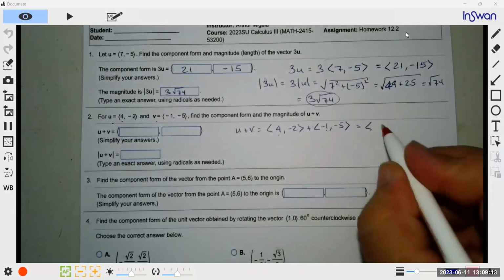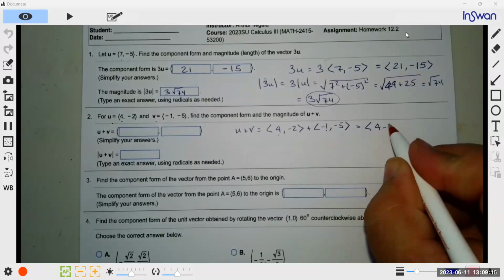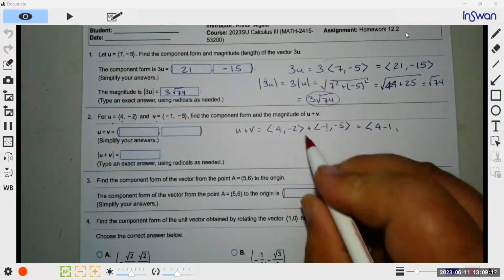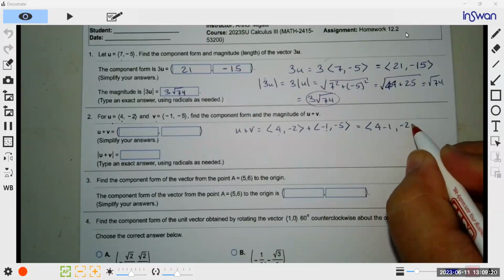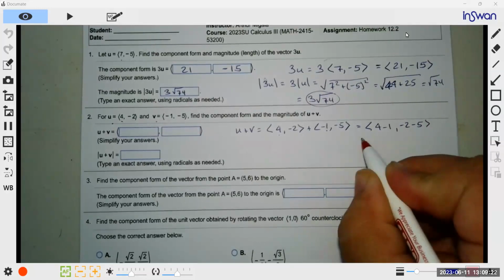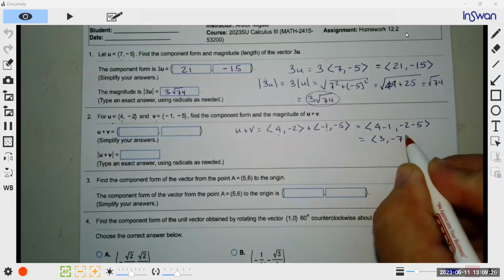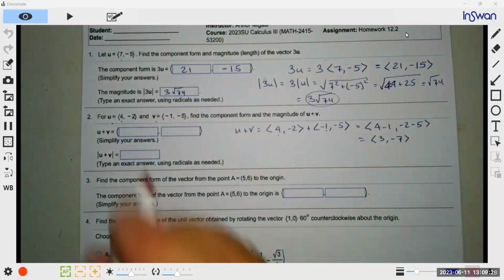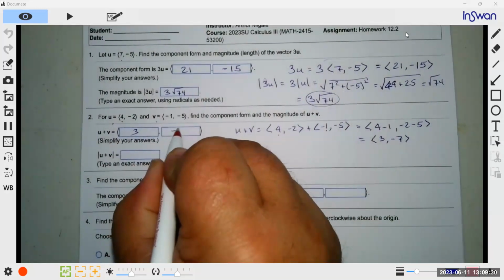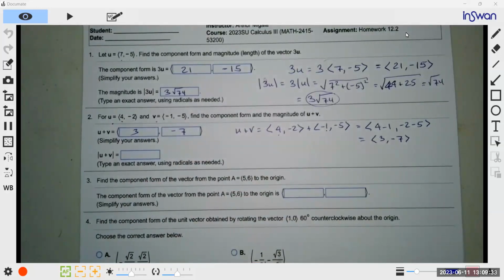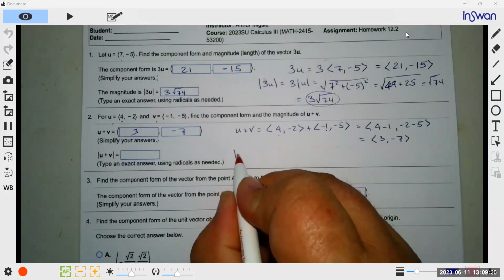So 4 minus 1 and -2 minus 5, which is equal to the components 3, -7.